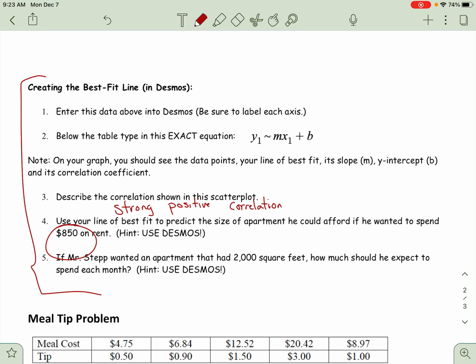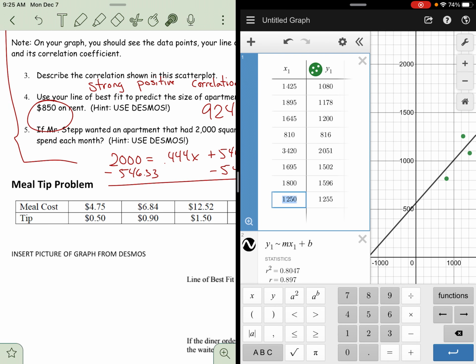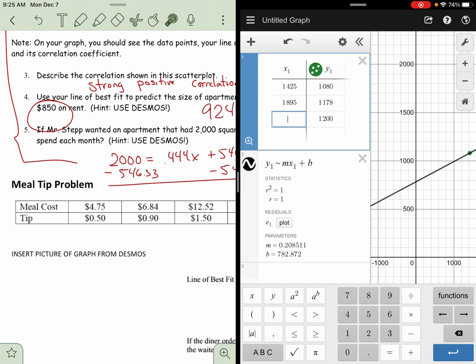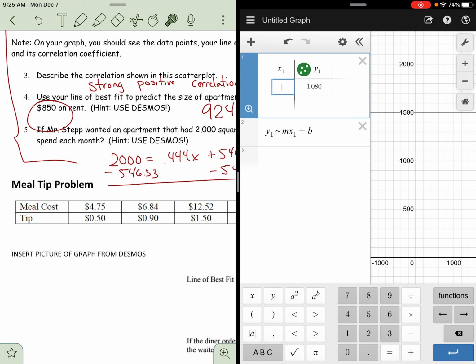All right. So let's do one more like that. Insert the picture. We don't really need to do that. I'm going to do Desmos off to the side here. We're going to do it with the meal tips, so how much to leave a tip for. Let's cross this one out, cross that one out. You can leave the formula, and let's just fill in different numbers here. If you go to the X column and delete those, it'll go pretty quickly.